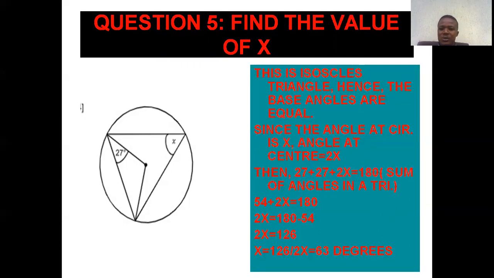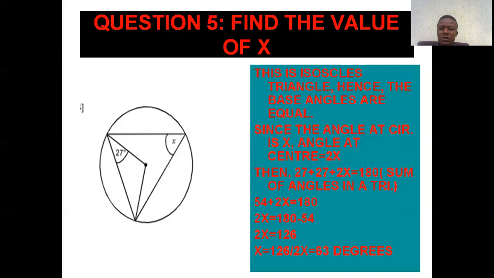And that 2x is also part of the isosceles triangle. Then 27 degrees plus 27 degrees, which are the two base angles, plus 2x, which is the angle at the center, equals 180 degrees, the sum of angles in a triangle.